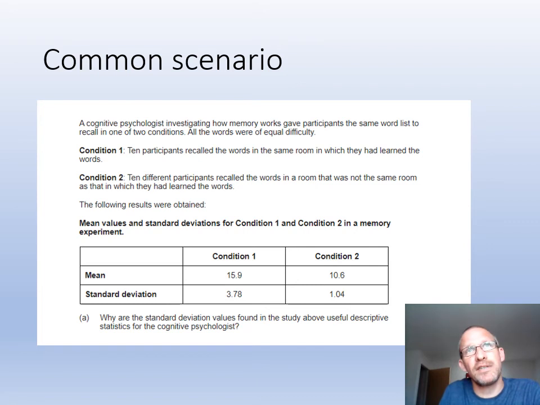Different scenario, it could be looking at 2 potential drug therapies. Now it might be that the mean was slightly higher for one drug, but then the standard deviation was quite a bit higher as well.